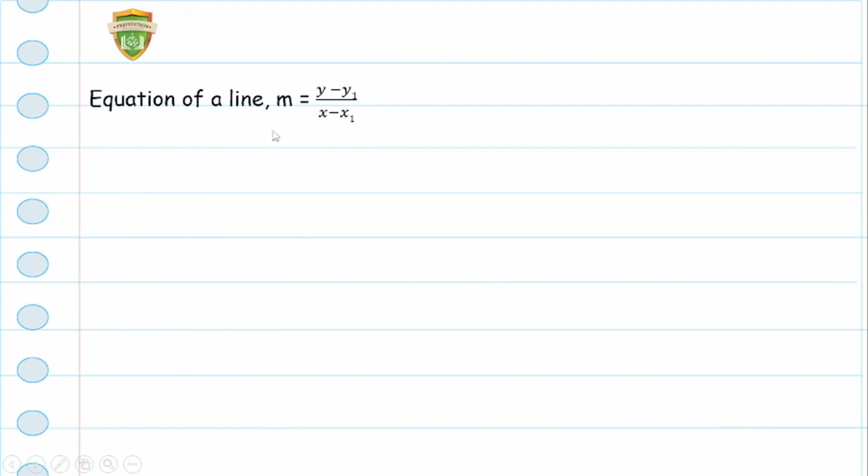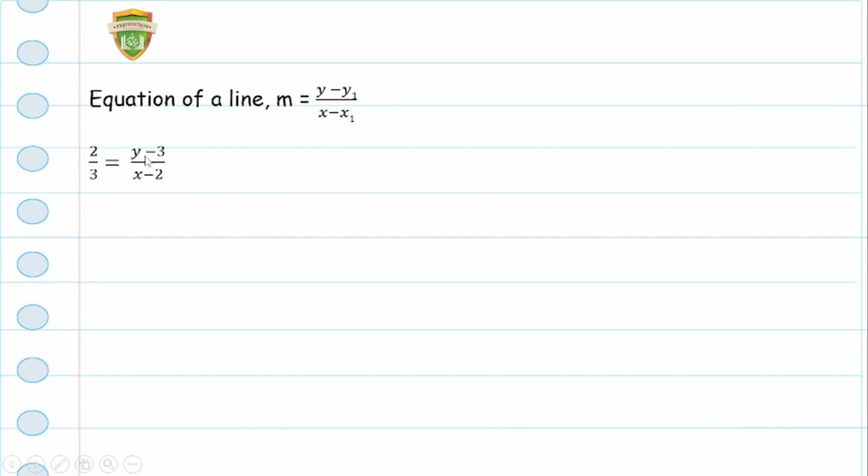Now I know that the formula for the equation of a line is m equals y minus y1 over x minus x1. This is used when you are given only one coordinate. We're given the coordinates 2, 3, and we already found our gradient to be 2 over 3.